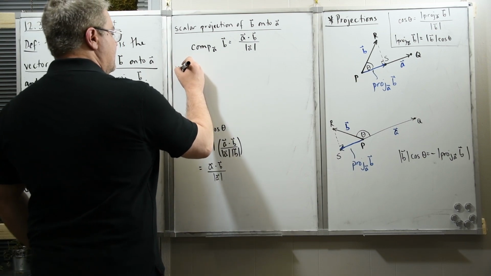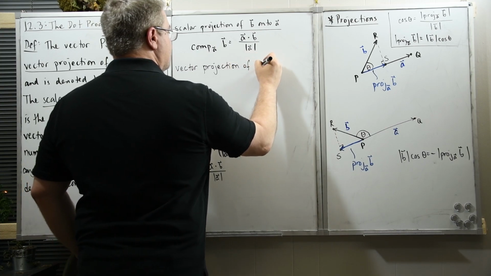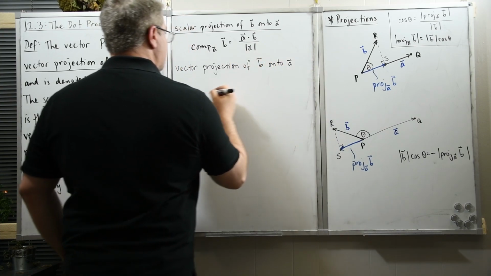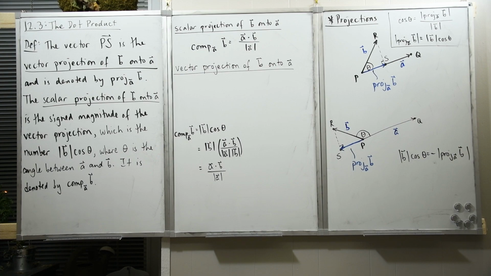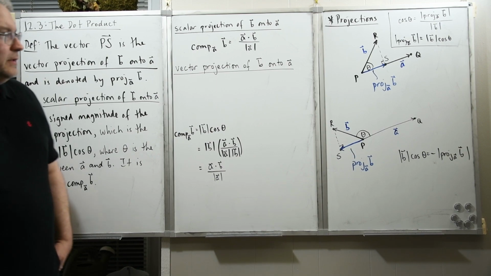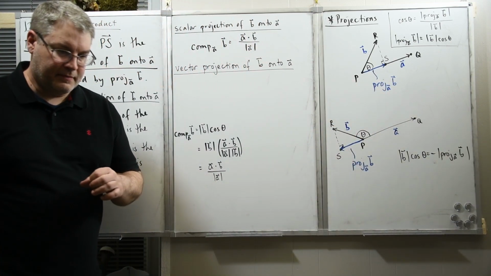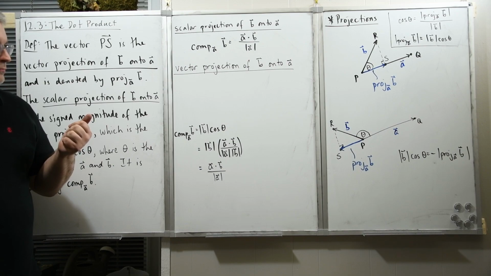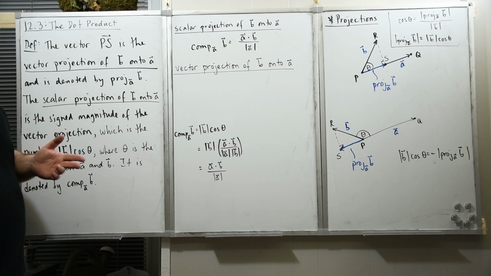Okay, so let's think about a formula for the vector projection then. Well, you already know what the signed magnitude is. That's given by the scalar projection of B onto A. And so if I want to know what a representation is for the projection of B onto A, I need a magnitude and a direction. Well, I've got a signed magnitude, and a unit vector in the direction of A will give us the direction we want.